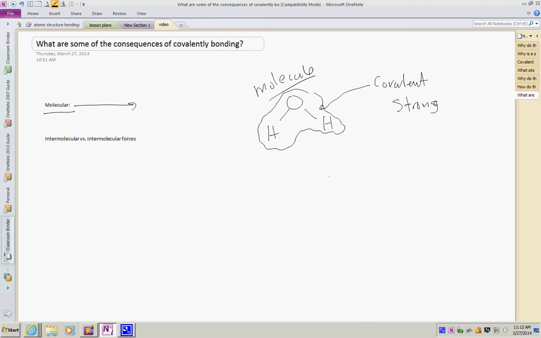The result of this molecule is that we have two different types of forces. We have an intermolecular force, and we have an intramolecular force. Looks like I spelled them both inter. Inter and intra. Now, inter would be between molecules. So if we had another water molecule, let's go like this.